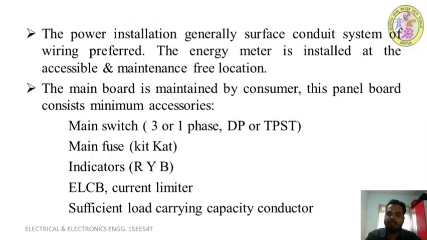The main board is maintained by the consumer, and this panel board consists of minimum accessories: a main switch, which may be an ICTP or a DP switch, a fuse kit, and indicators for each phase, that is R, Y, B. For 3 phases we use 3 neon indicators, an ELCB, that is earth leakage circuit breaker, and MCBs. Conductors of sufficient load carrying capacity are used for the connection of motors.